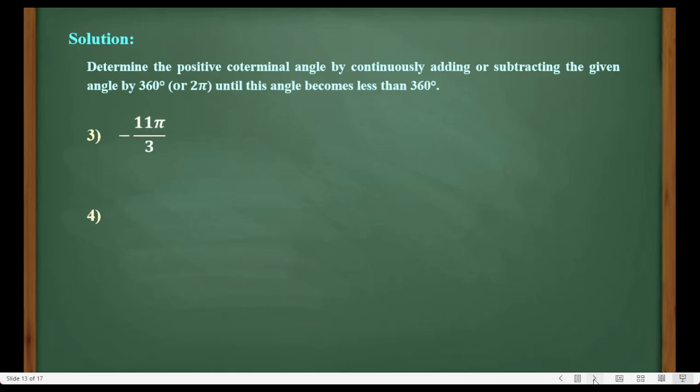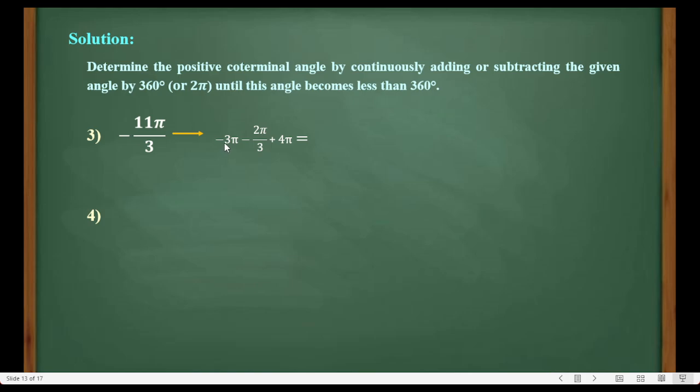So for number 3, we have the negative angular measure, which is negative 11 pi over 3. Now, to get its coterminal less than 2 pi, we simply add the given measure by 2 pi twice. Okay? Or you could express the given angular measure in terms of this.